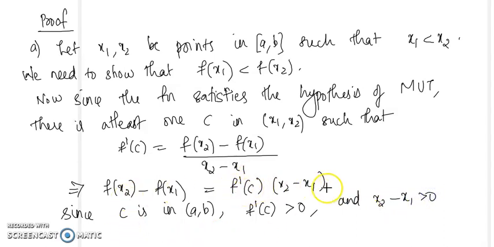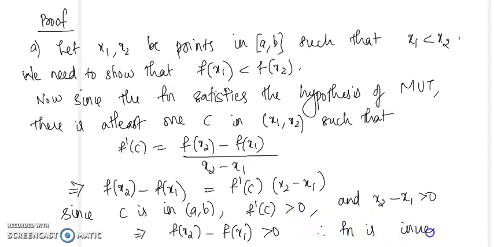So on the right hand side both factors are greater than 0, which implies f of x2 minus f of x1 will be greater than 0. So therefore the function is increasing. And part B can be proved in a similar way.